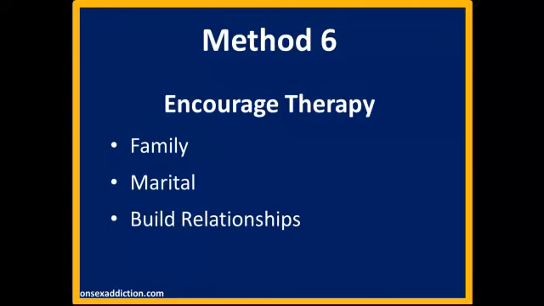This type of therapy, as you know, will help the sex addict to build or rebuild relationships that they probably destroyed as a result of their addiction. Honesty is the best policy, and although it's going to hurt sometimes, getting it all out can help the rebuilding process go much, much smoother.